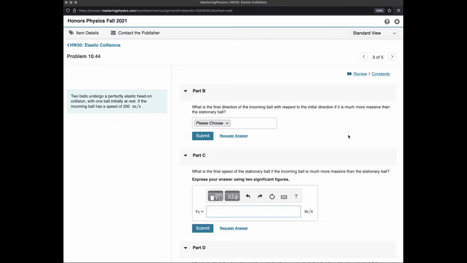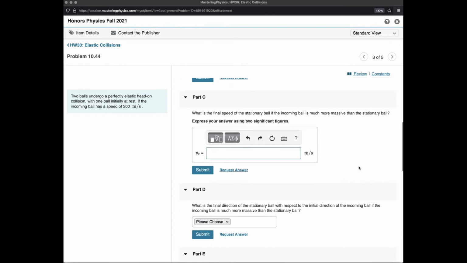So consider, I don't want to give too much away because it's your responsibility as a student to solve the problem, but consider that the initial velocity of the incoming ball is not going to change much. And then use that in our equation for the elastic collision. That is the equation that says that the velocity of A minus the velocity of B is equal to the velocity of B prime minus the velocity of A prime.